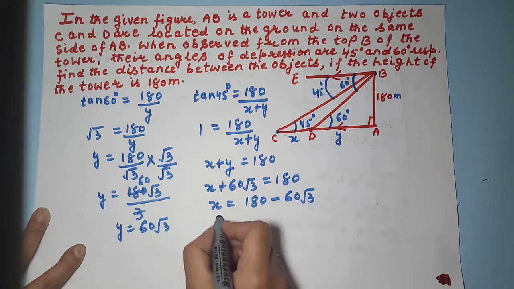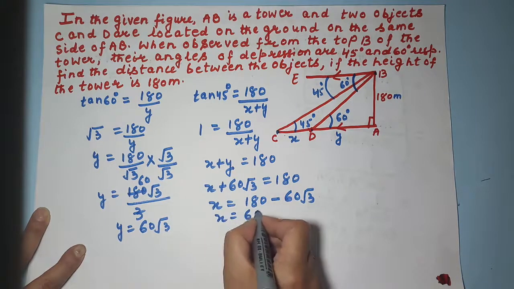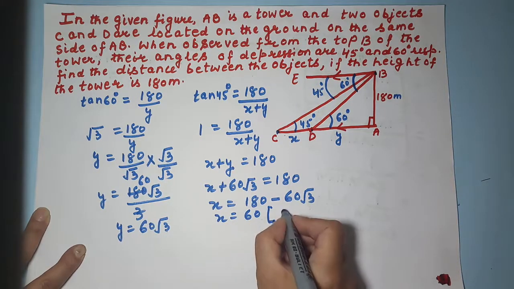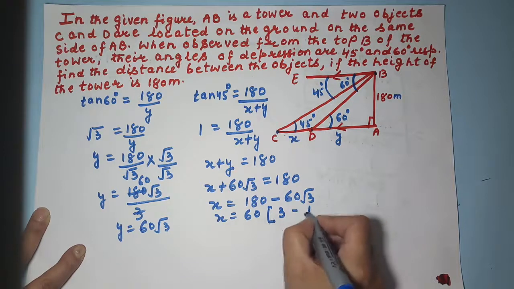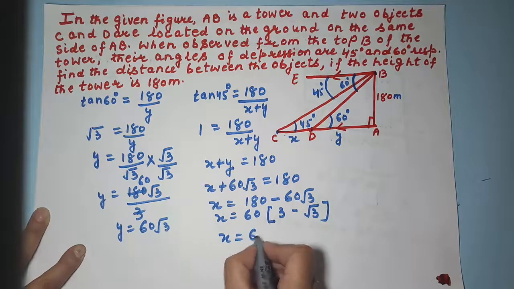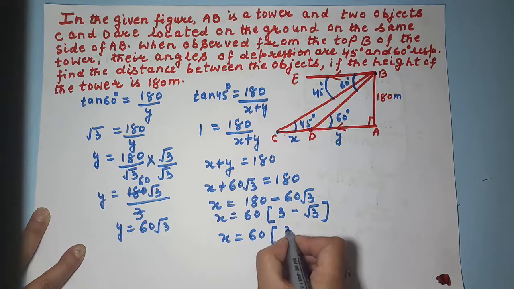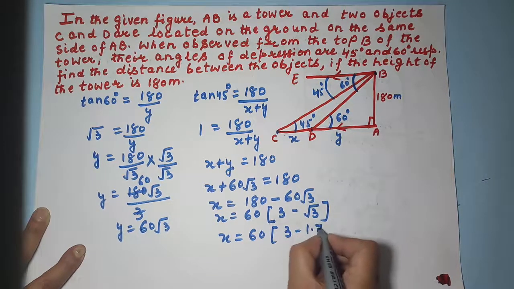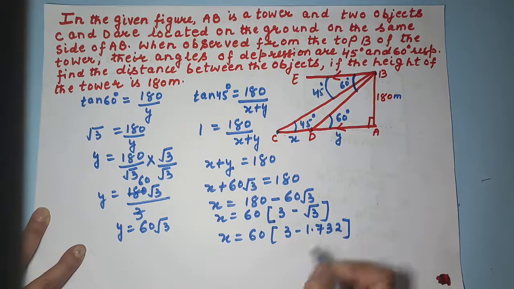So, if I take 60 common here, I will get 3 minus root 3. Right? So my x will be 60 into 3 minus 1.732. Fine.